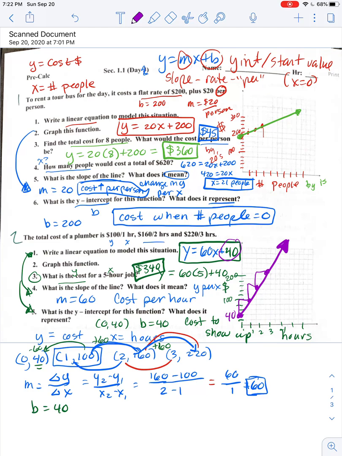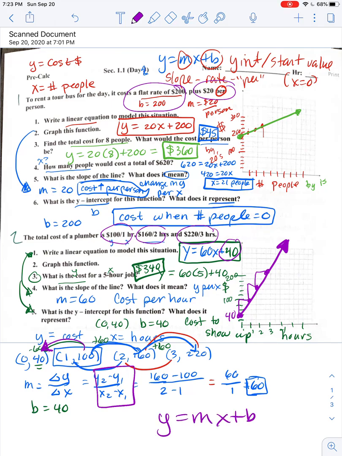And so they'll either give you that information in this format that we saw, or they might give you a few different points and you can find the slope using the formula and find the y-intercept kind of working backwards to it. And then once you have your y equals mx plus b, you can graph it, you can plug numbers in and just pay attention to whether they're giving you the x or the y value to plug in.